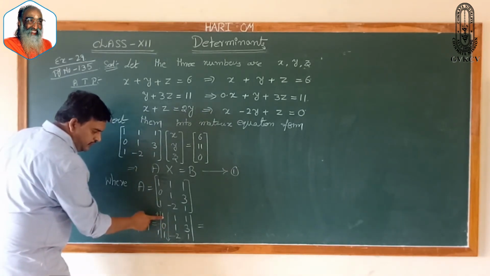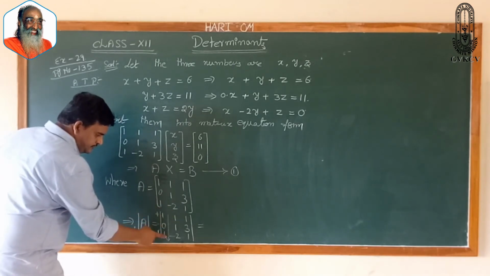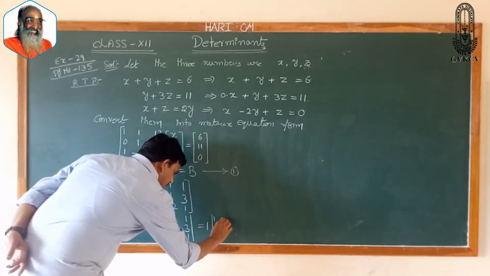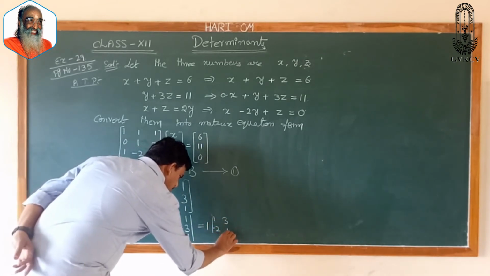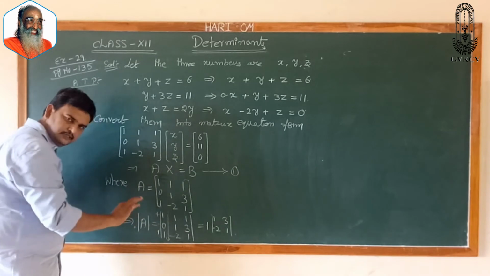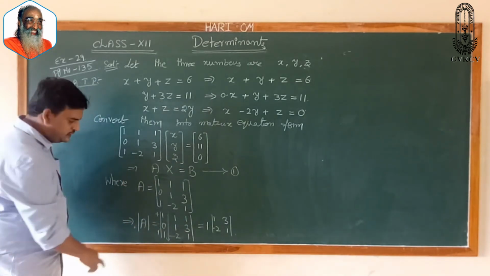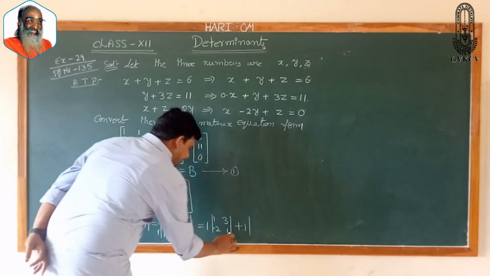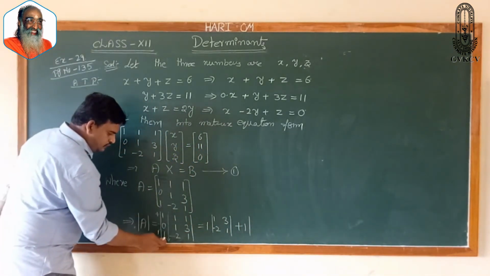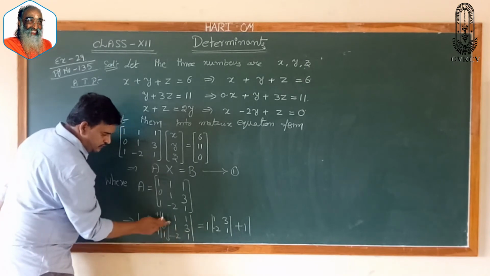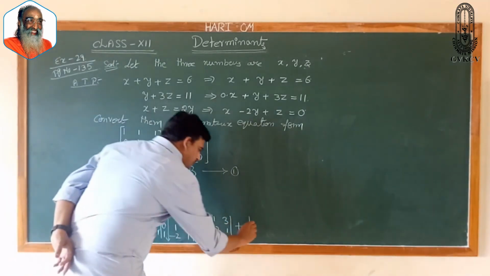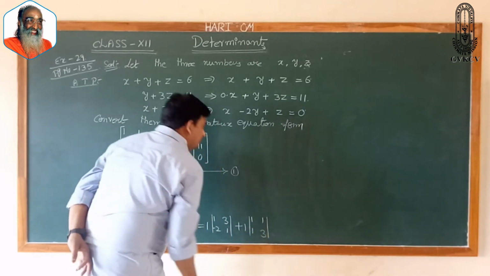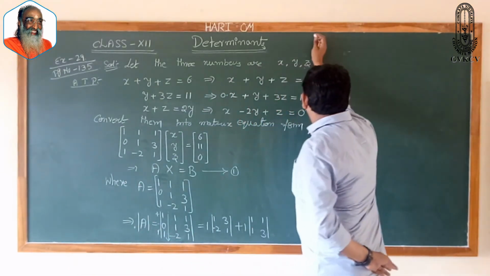When we talk about 1, leaving the respective row and respective column, we have 1, 3, minus 2, 1. 0 I am not considering because 0 times anything is 0. Then I go with 1, so again I have plus 1. Leaving this row and column, we have 1, 1, 1, 3. Now this we need to calculate.